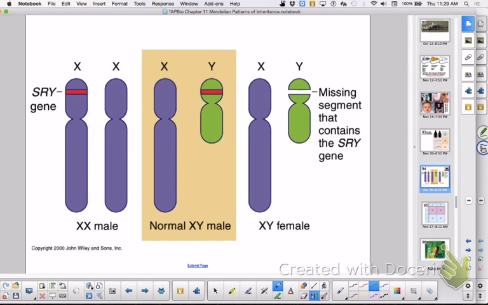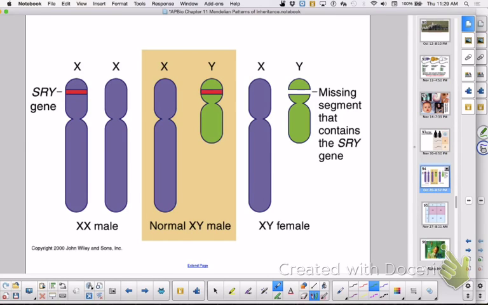The SRY gene is like what identifies as male. Okay? So, on your notes, you have SRY gene, sex determining region Y, gene on the Y chromosome that controls development.